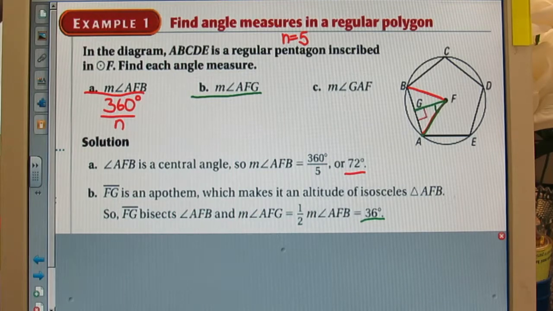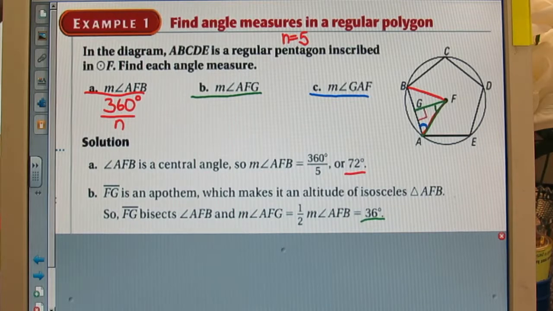Last, the problem asks me to find the measure of angle GAF. That's this last remaining angle right here. But I know that AFG forms a triangle, and I know that the angles in a triangle always add up to 180 degrees.